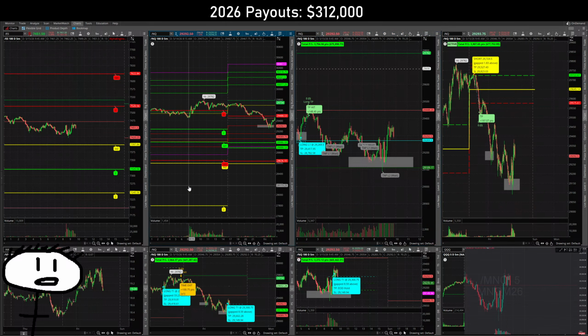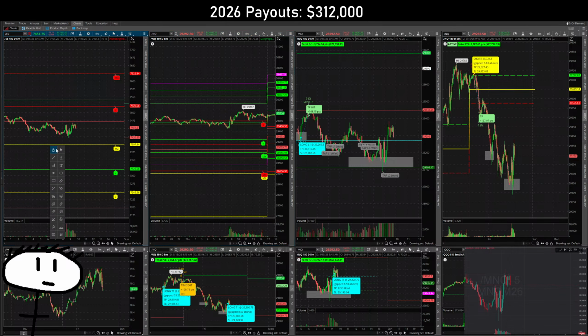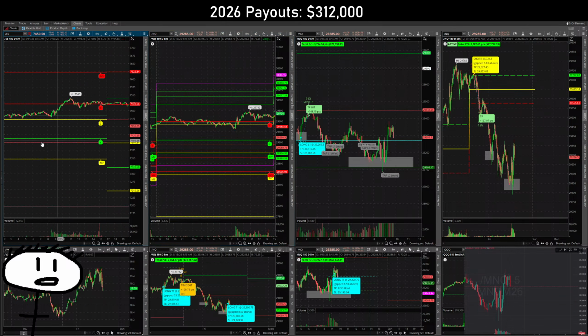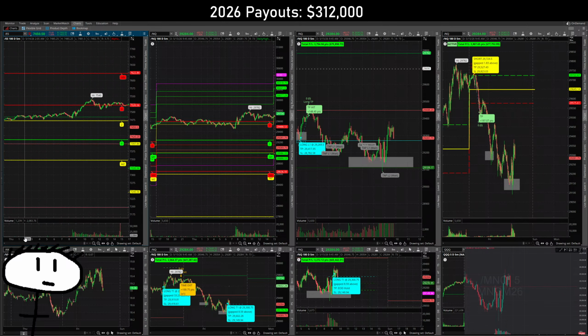Let me see if I can give you an example. Let me see if we can spot when one is weaker and when one is stronger. God, I can't spot it. My eyes are not working.